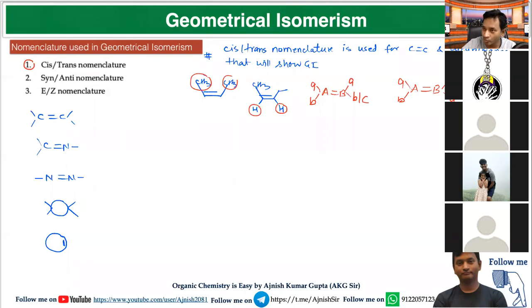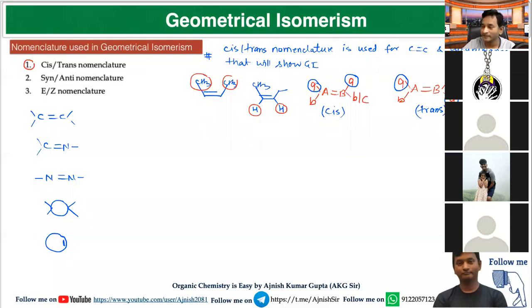So when two same groups or atoms are on the same side of the restricted bond, then such compounds are called cis. But when the same groups or atoms are on the opposite side of the restricted bond, then such compounds are called trans.